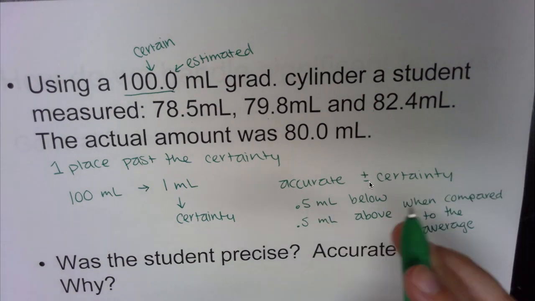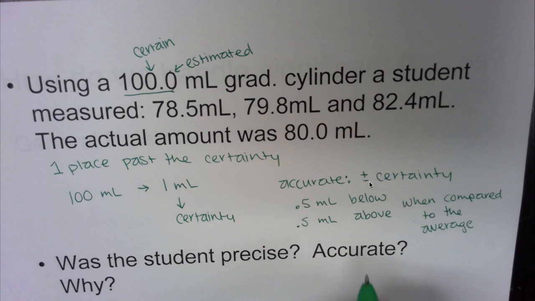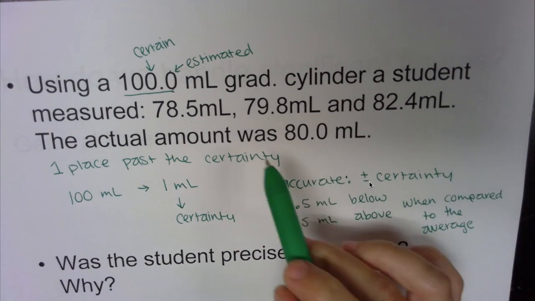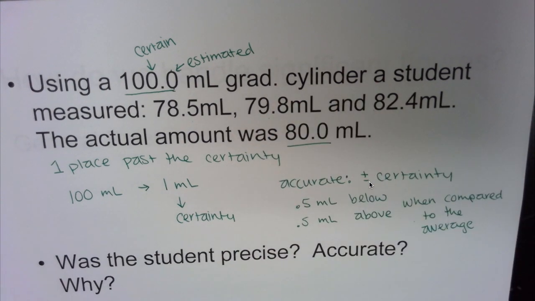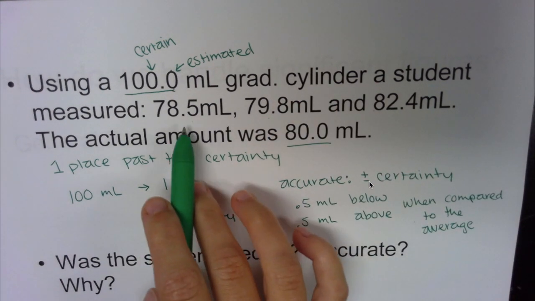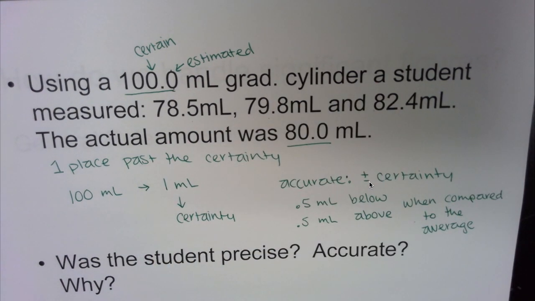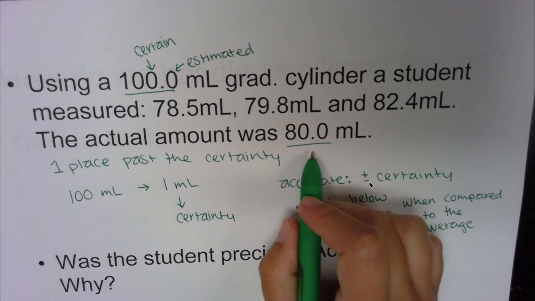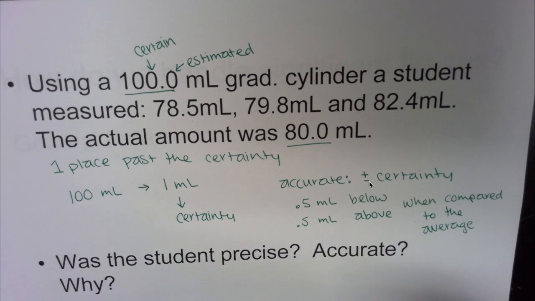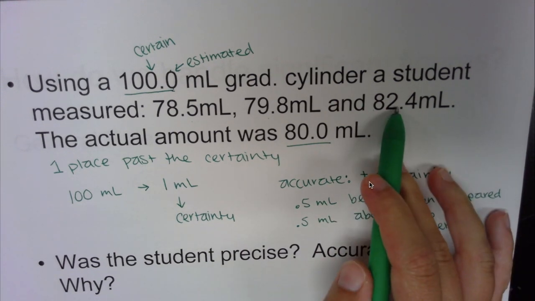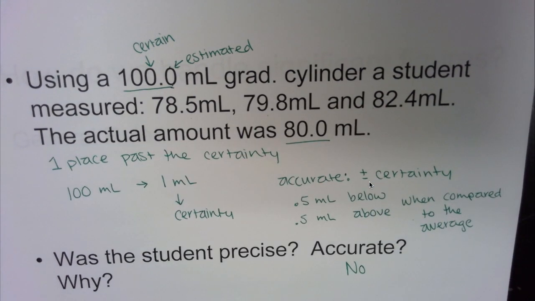When we're talking about accuracy, if we're trying to figure out if it's accurate, we compare it to our average, which is what we're trying to get here. Are all of our values within 0.5 of 80? The answer is no. It's not accurate. You have 82, 79, 78. It's not within 0.5. So not accurate.